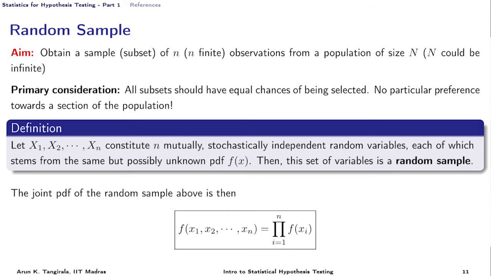So, we will denote the statistic by theta hat, and we have to keep telling this to ourselves, that theta hat is also a random variable in its own right, because it is being computed from a marriage of several random variables, a collection of several random variables.